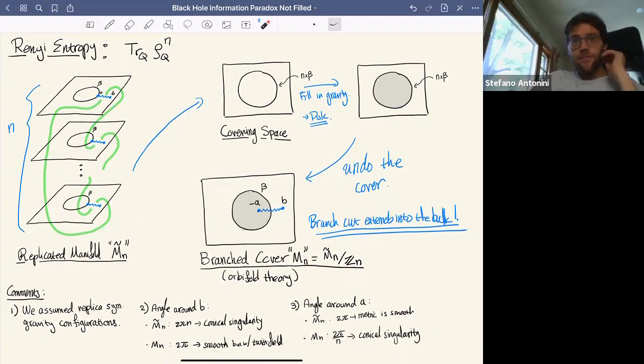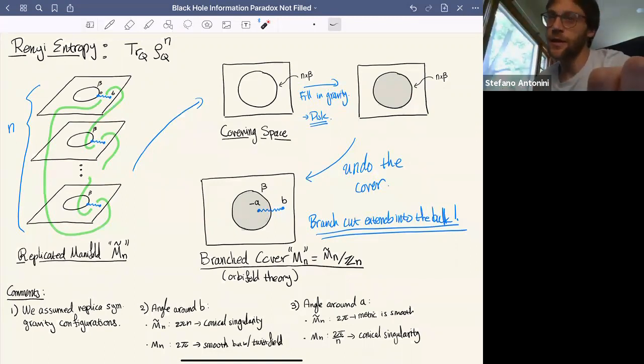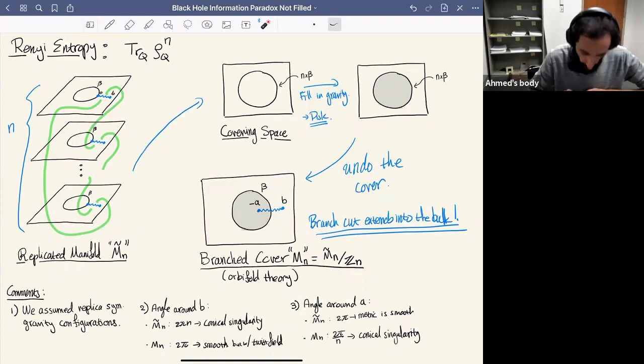I have a question about the orbifold configuration. I'm not sure I understood how it works when you pass from the replicated manifold to the covering space. Why, when you go back from the covering space to the orbifold, do you just have one copy and not many copies with the bulk filled in? Can you explain one more time? You can think of this as having n copies, a bunch of sheets on top of one another, and this branch cut is the thing that takes you between the different copies.